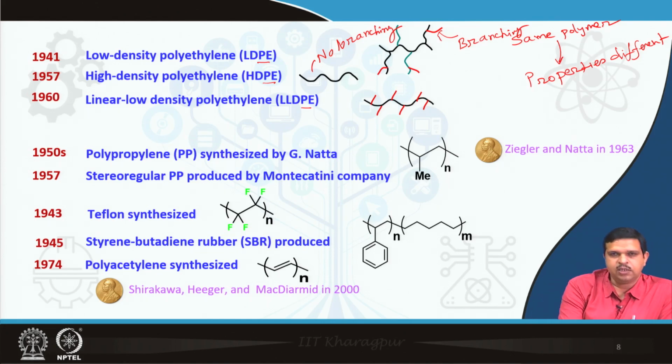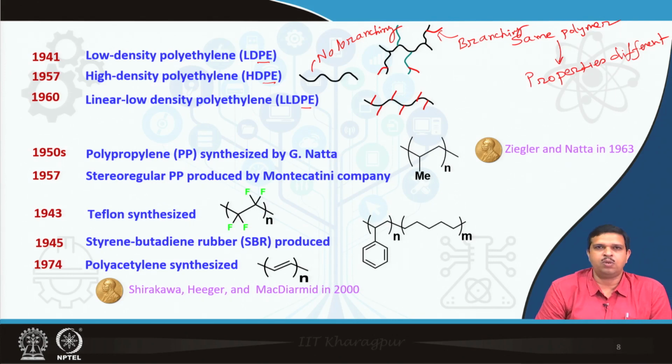Like high density polyethylene is quite crystalline, whereas low density polyethylene is really not that much of a crystalline material. Okay. I will discuss later in more depth about the crystallinity of the polymers. As you know, this is also another aspect in polymer chemistry.